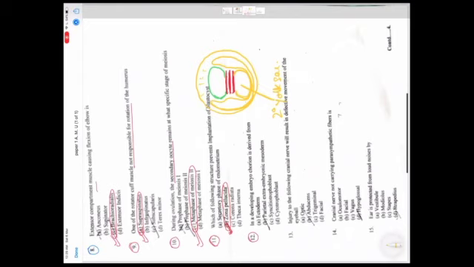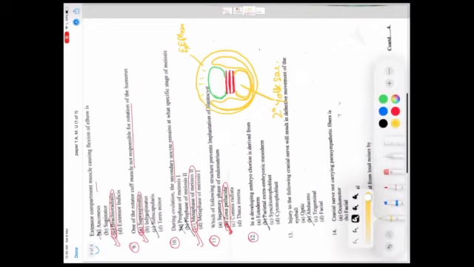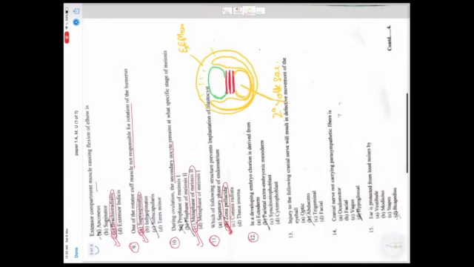After this splitting of the extraembryonic mesoderm, it gets divided into the parietal layer, or somatopleuric layer, of extraembryonic mesoderm.